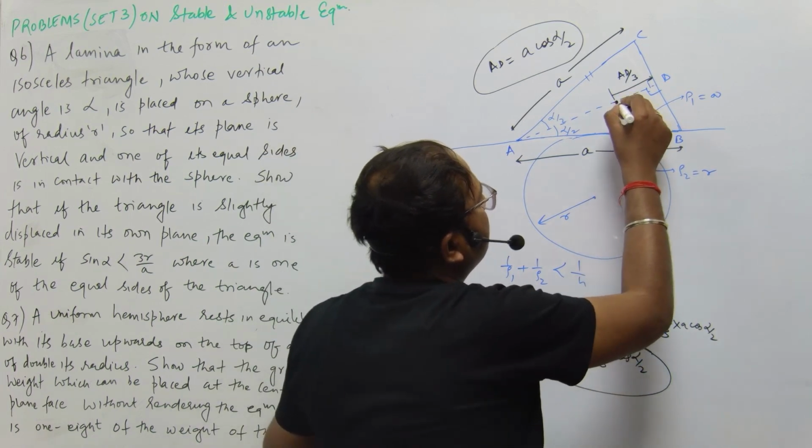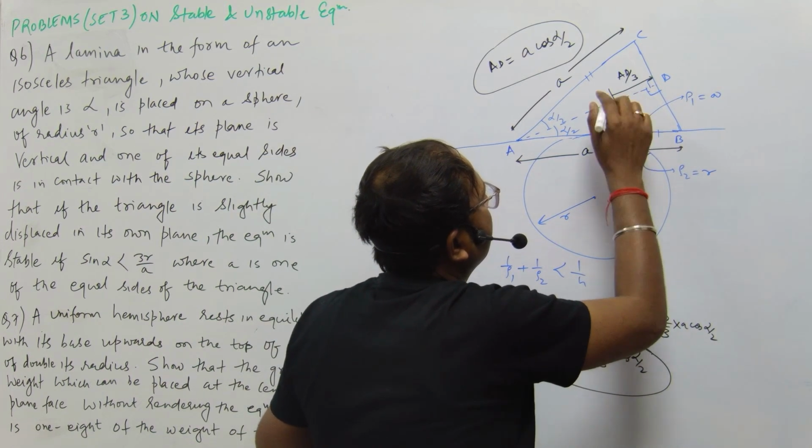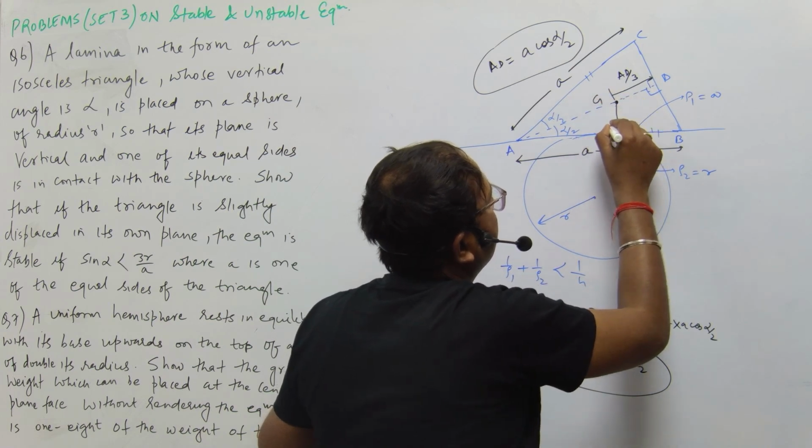What will be this distance? This is actually h, this is G, so this distance is h.